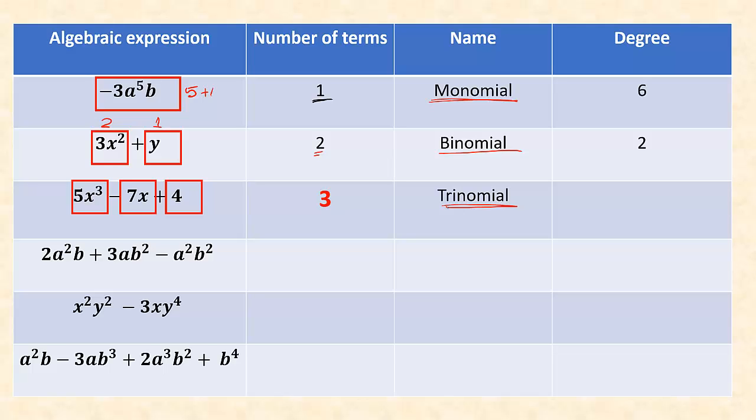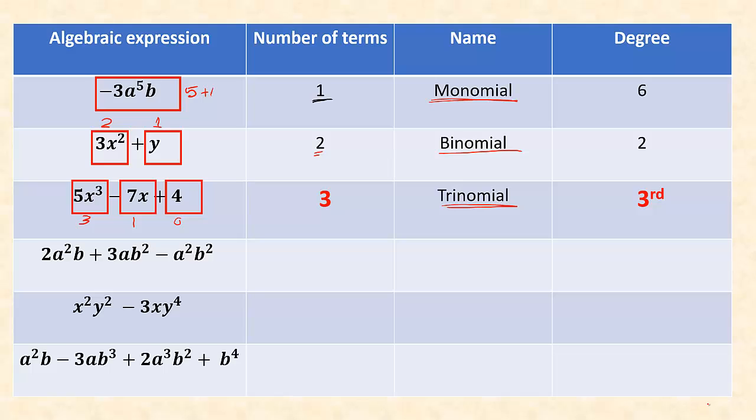So, the first term is of the 3rd degree. The second term is of the 1st degree, and the third term is an absolute term, so it's of the 0 degree. Which one of them is greater? Sure, it's the first term, which is of the 3rd degree. So the degree of the expression will be the 3rd degree.